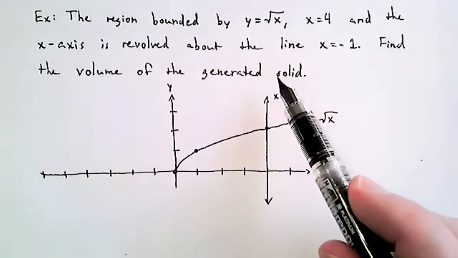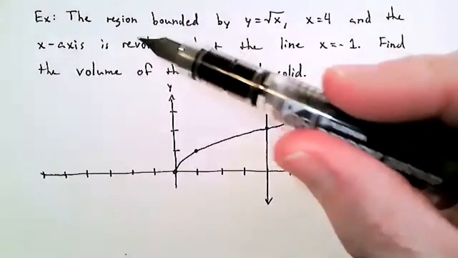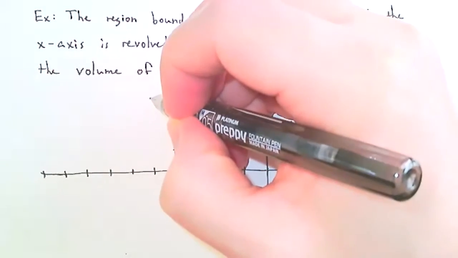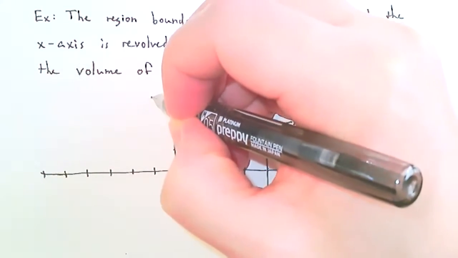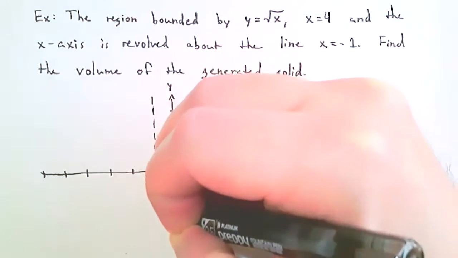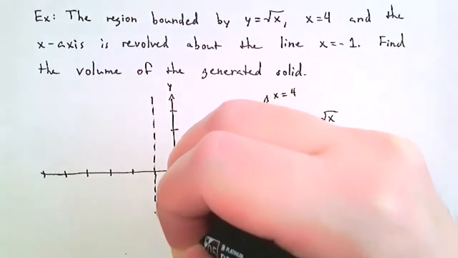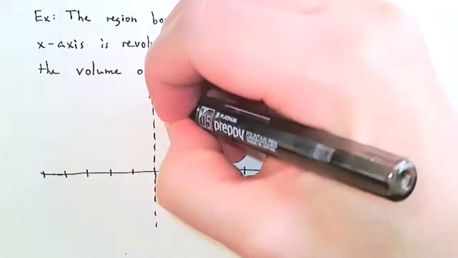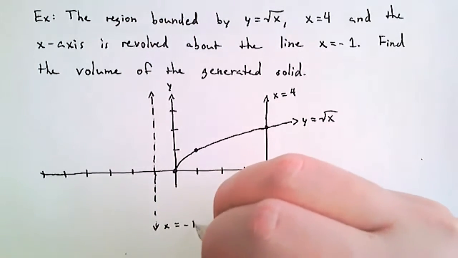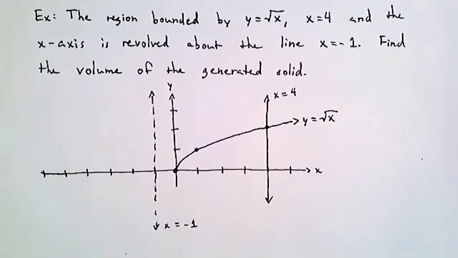And we're going to revolve it around another vertical line, x equals minus 1. Maybe I'll do this one as a dotted line. Okay, so this is the basic geometry.